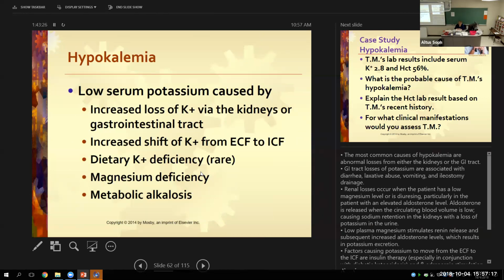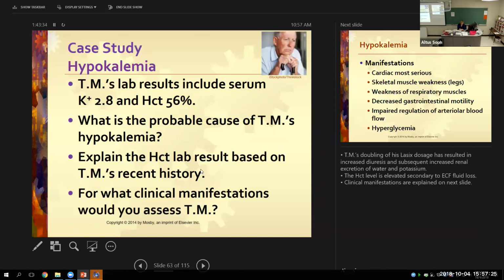It could be a dietary deficiency. You don't see that too much. It could be related to magnesium deficiencies, metabolic alkalosis. So he has a potassium of 2.8 and his hematocrit is 56%. So our potassium is low, but the hematocrit is what? What does a high hematocrit sometimes mean? Dehydration.